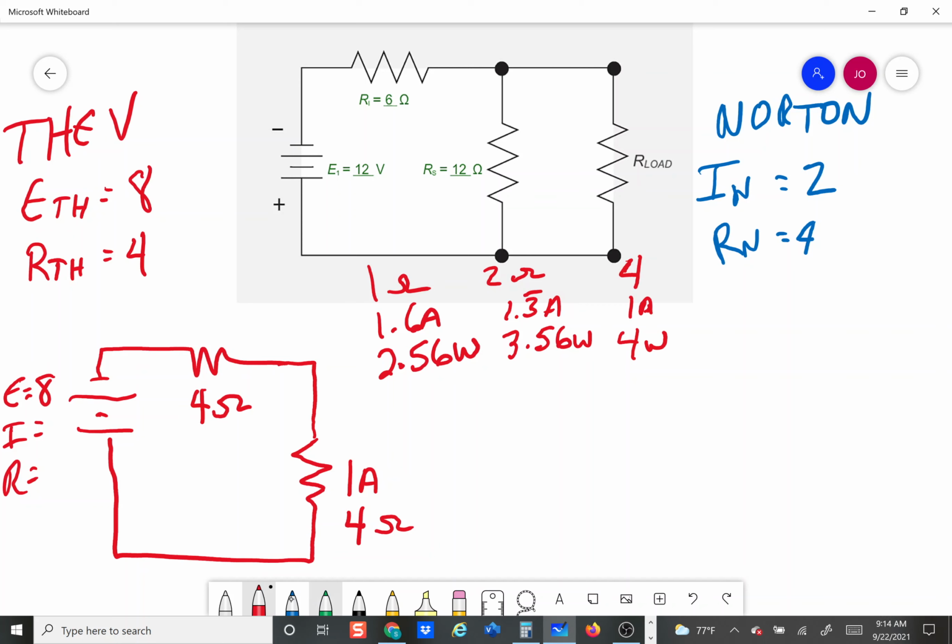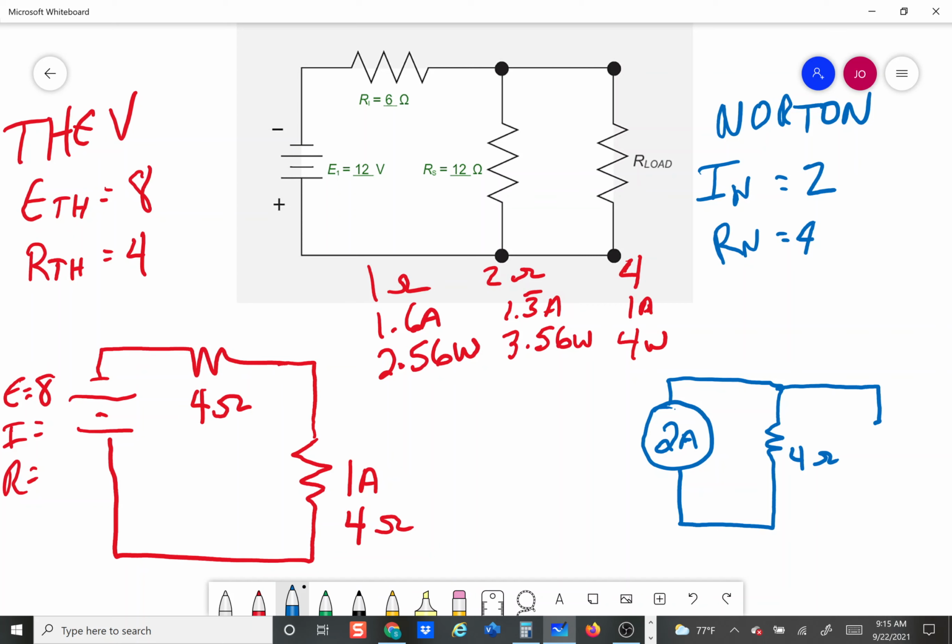So now we're going to come over here and we're going to do Norton. What Norton's setup is now is this means that I have got 2 amps of current flow, and I am now in parallel with that 4 ohm resistor. And over here I have what is my load resistor.